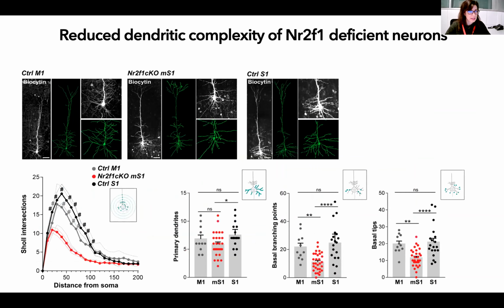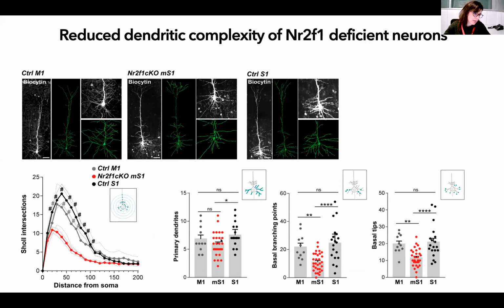In addition to that, we also reconstructed the morphology, and we found that the complexity of the dendrites was much reduced. It's something that we see at the level of Sholl intersections. You see that the profile is much reduced in mutant neurons when compared to both types of controls.